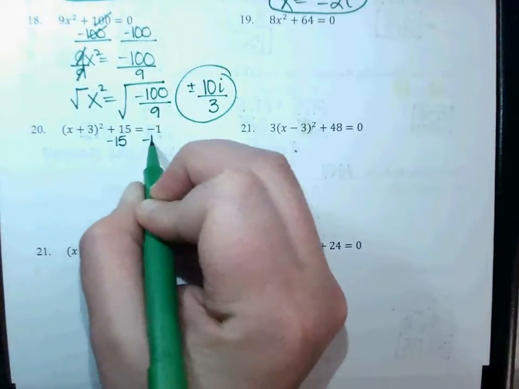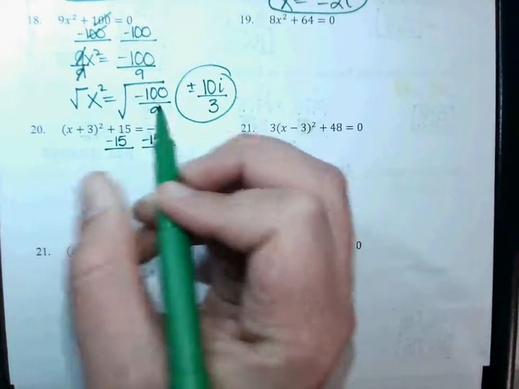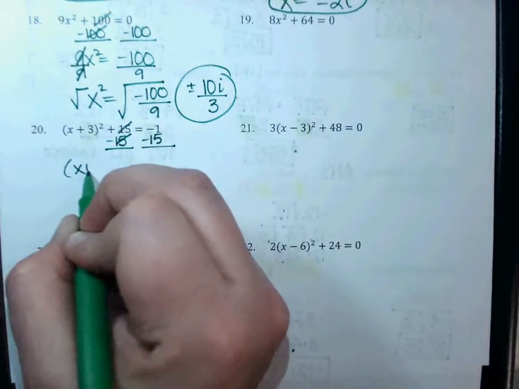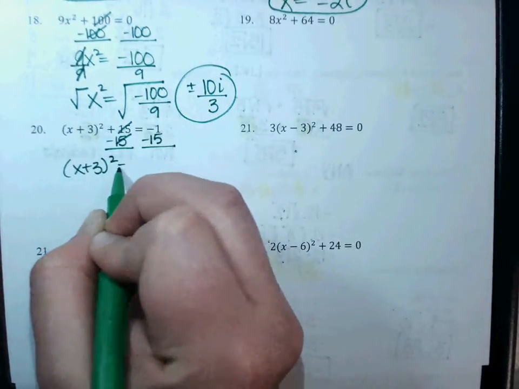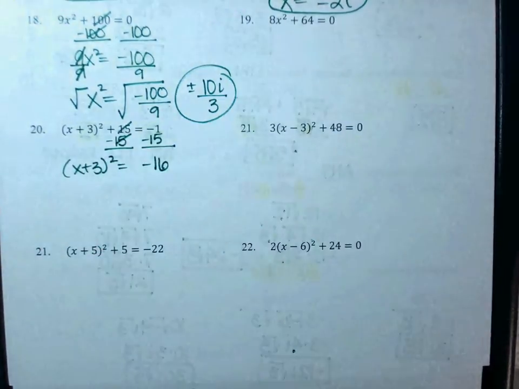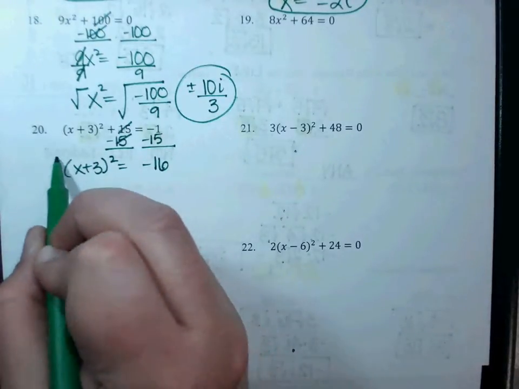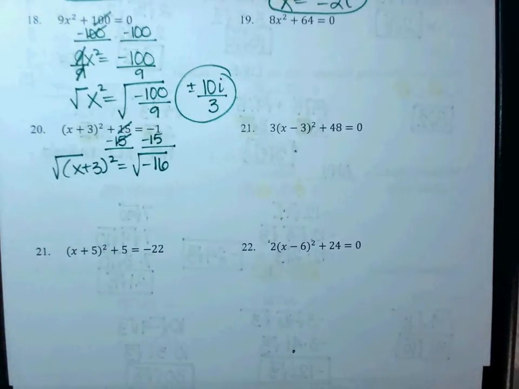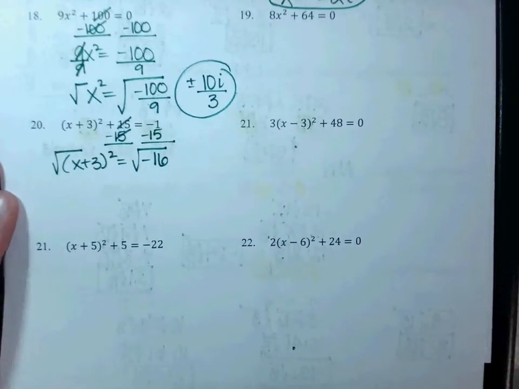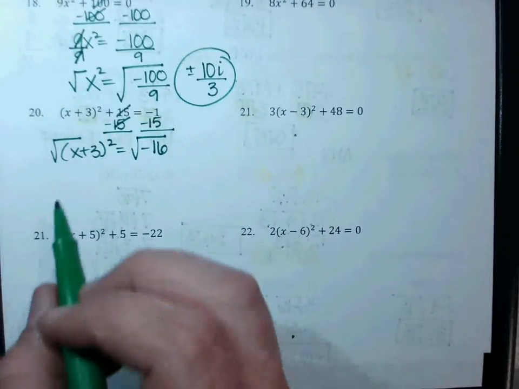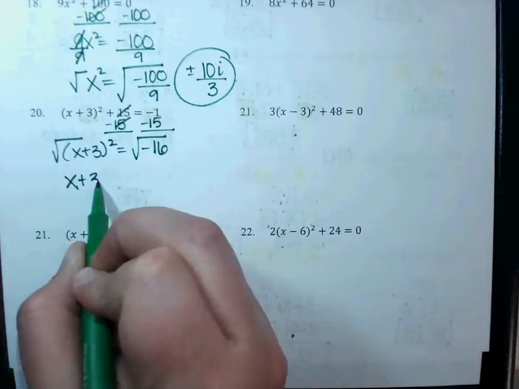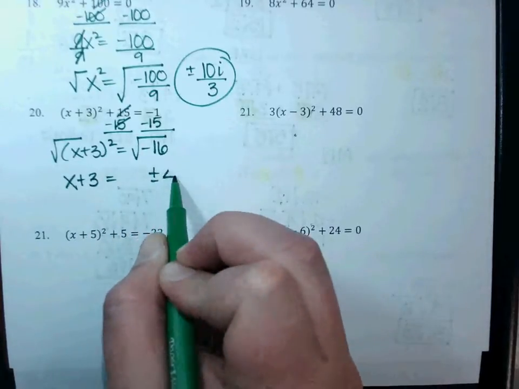Minus 15, and then negative 16. Okay, so these cross out. I have x plus 3 squared in parentheses equals negative 16. And when I square root, before I would have said, oh, no solution, but not anymore, right? We can square root negative 16. What do we get? 4i. So x plus 3 equals plus or minus 4i.